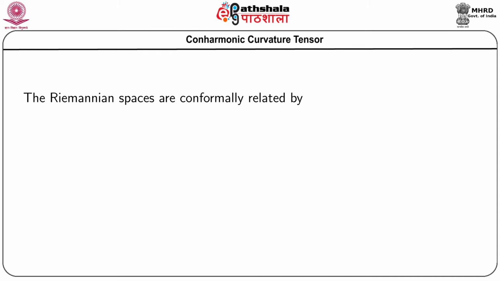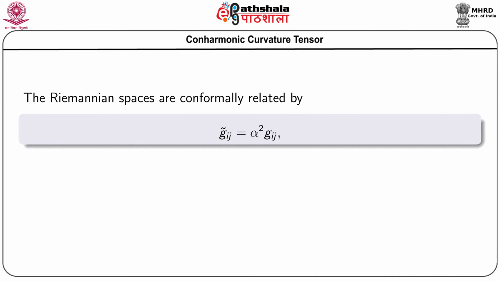conharmonic curvature tensor. We know that Riemannian spaces are conformally related by this relation. In our previous module, we have seen this relation, that g̃_{ij} equals α² g_{ij}.